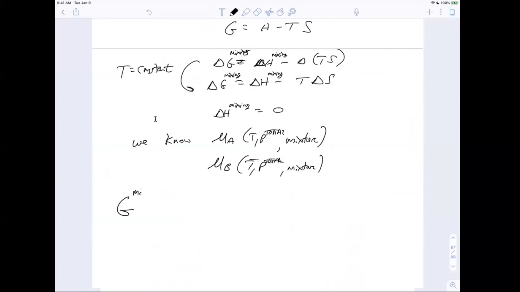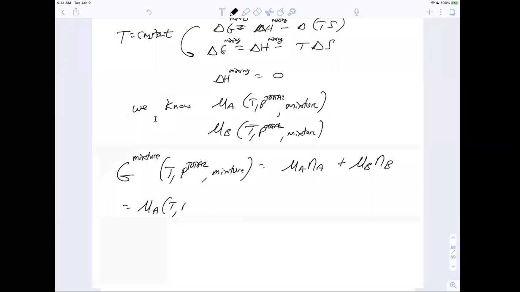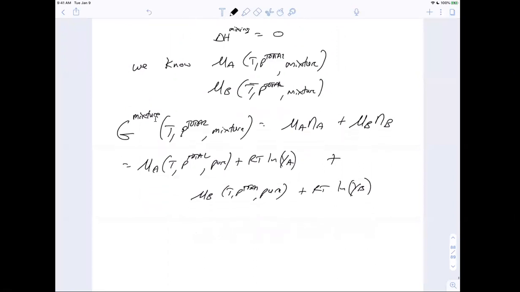So G in the mixture at T, P total is just going to be equal to mu sub A times N sub A plus mu sub B times N sub B, where mu sub A is just mu sub A at temperature T, P total pure plus RT natural log y sub A. And we have the same thing for B: mu sub B at T, P total pure plus RT natural log y sub B. Okay, so those are the two chemical potentials, and that's G for the mixture. Any questions on that?